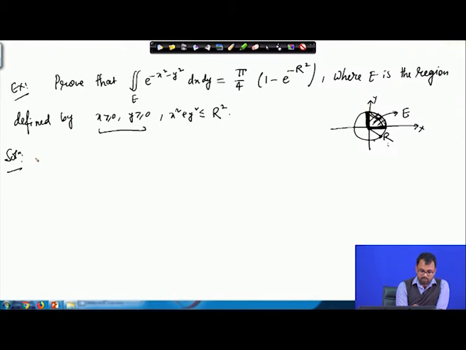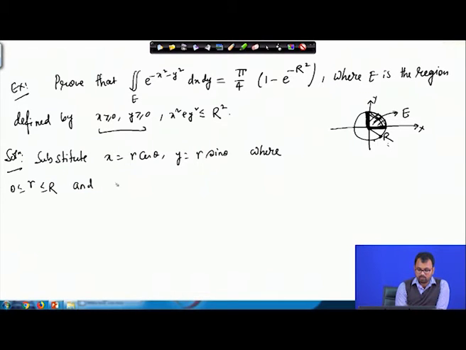Substitute x equals r cos theta and y equals r sin theta, where r is running between 0 and capital R and theta is running between 0 and pi by 2, right.